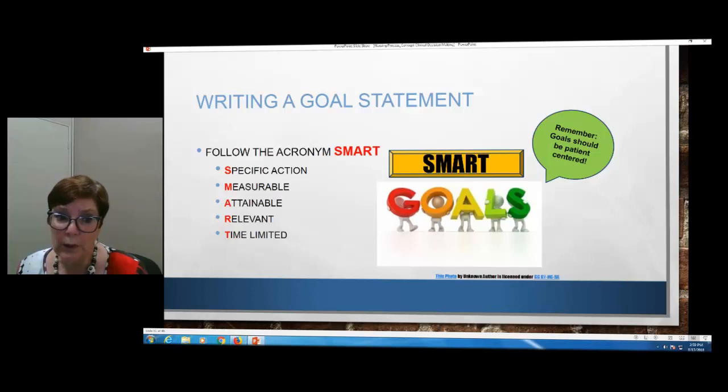So that's a good goal. It's measurable, and for most people it would be attainable and it would be relevant, but not for this patient. So you can see where we're going with the goal statement. It has to be patient-centered. We have to know our patients, and using the SMART acronym will help keep us on the straight and narrow when we're writing goal statements.